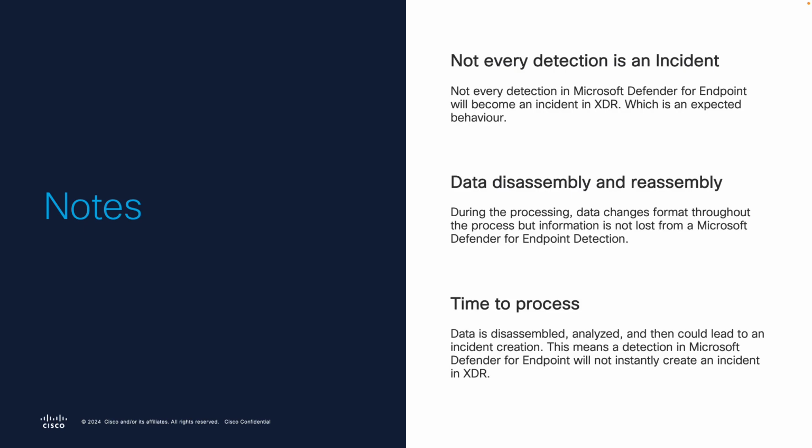There is a processing time that's going to vary depending on how frequently the data is pulled, between 1 and 5 minutes, how much the data is related to other detections, and how fast we can see this data coming in. All of that is going to contribute to the time to process this information and lead to an incident creation.